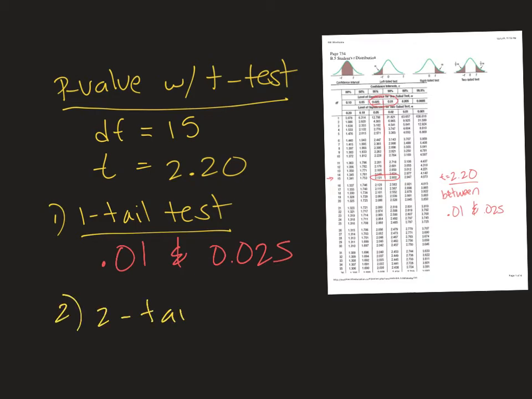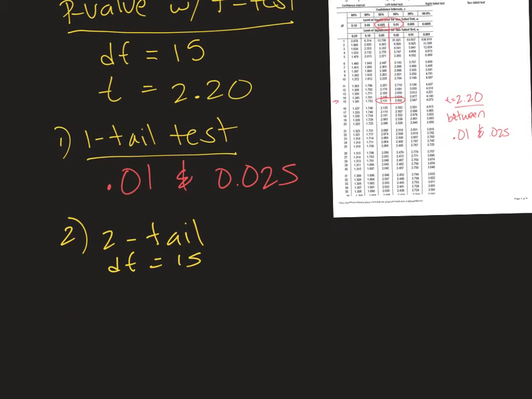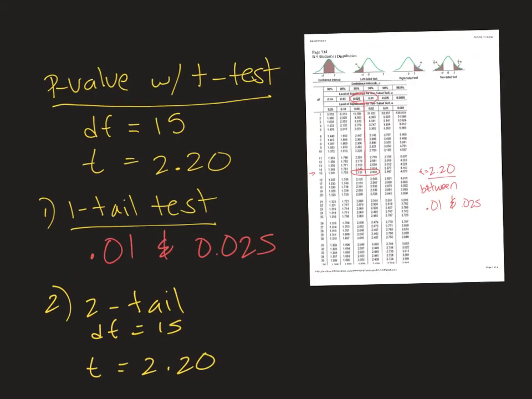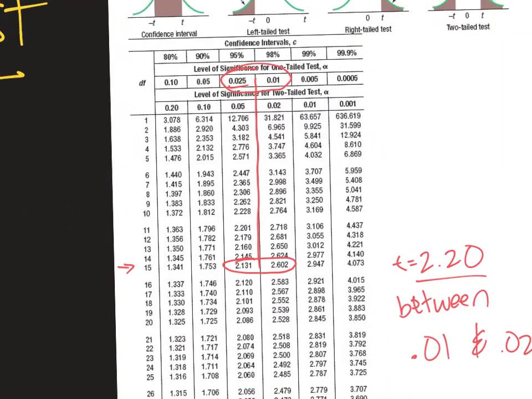Now what about if we were looking at a two-tailed test? We'll just assume the same values: our degrees of freedom is 15 and our test statistic that we got in step 5 is 2.2, except in this case we're looking at a two-tailed test. Once again, let's zoom in to our t-table.